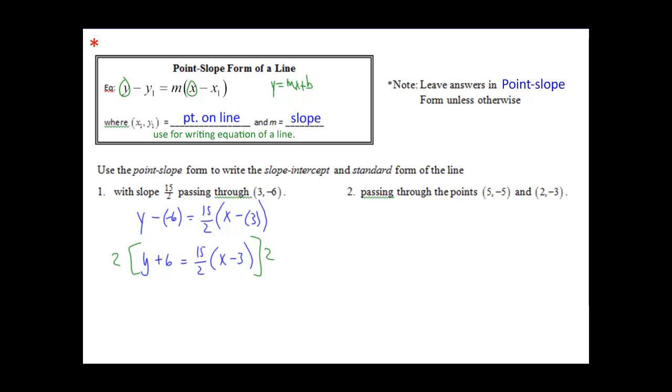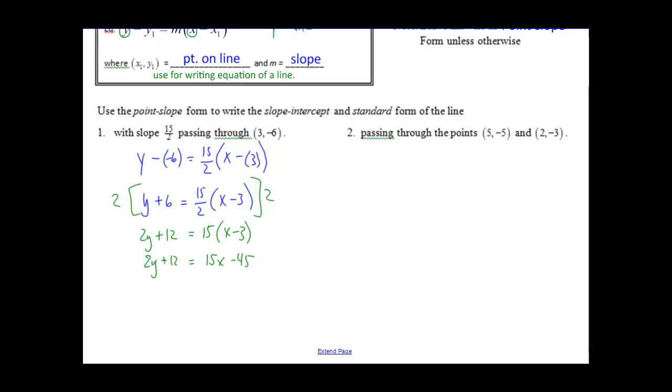What we're going to get is 2y plus 12 equals, now this is 15, and then we get x minus 3 because the 2's will cancel on the right hand side. Simplify again, we get 2y plus 12 equals 15x minus 45.